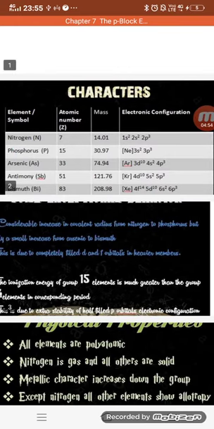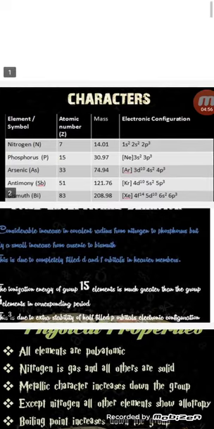As it is written here, down the group there is a considerable increase in covalent radius from nitrogen to phosphorus, but a small increase from arsenic to bismuth. From arsenic to bismuth, you will find that the extent of increase in the atomic radius is not as much as the increase in the atomic radius in the elements above it.